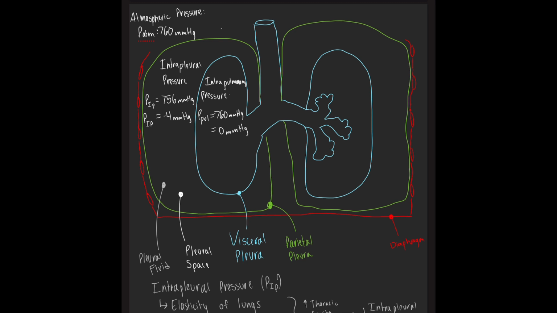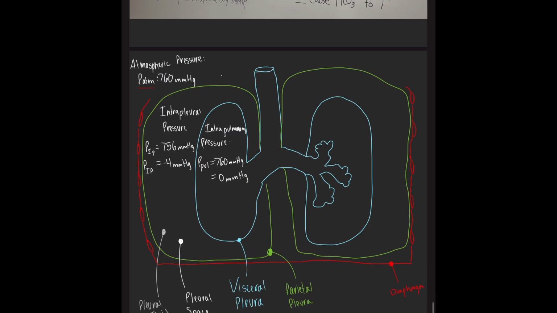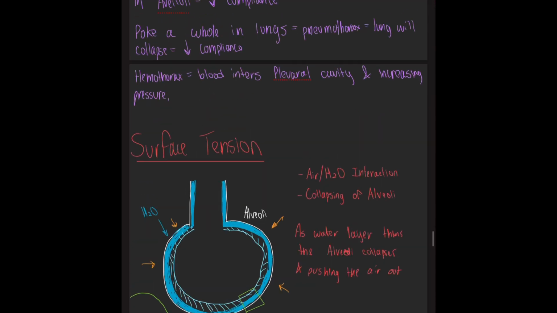We're going to get into the lungs and the respiratory system, and we're going to talk a little bit about first the mechanics of it. Then we're going to get into other things related to it, like surface tension, surfactant, and how those assist within the alveoli of the lungs. And then we're also going to talk about some issues that may occur if we see some struggles with our lungs.